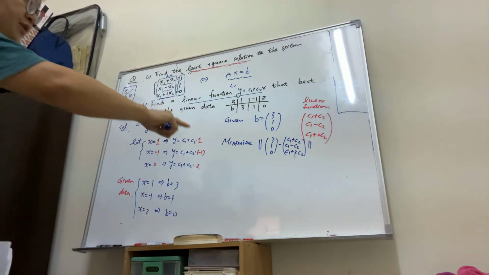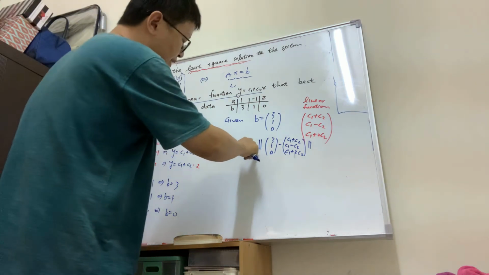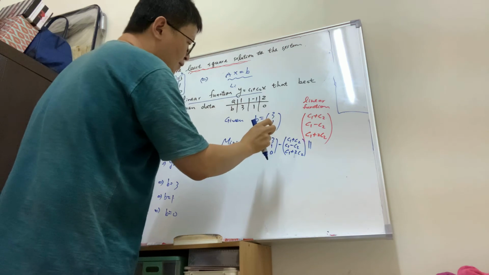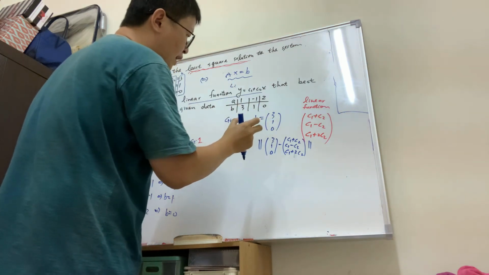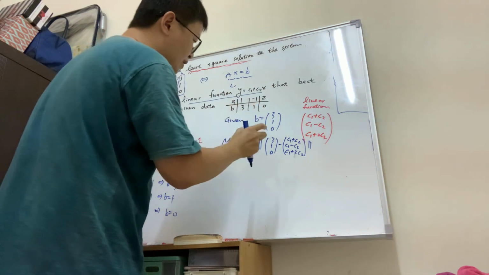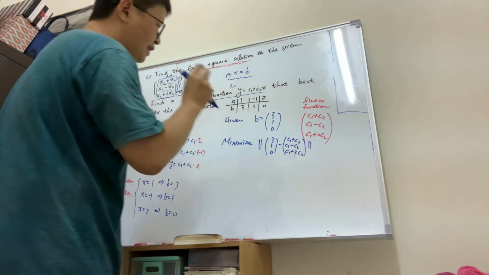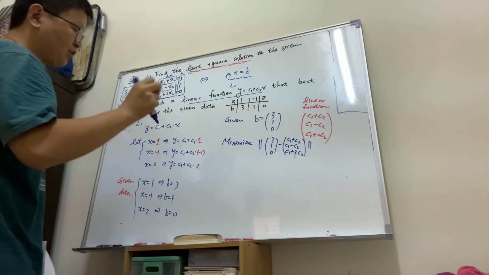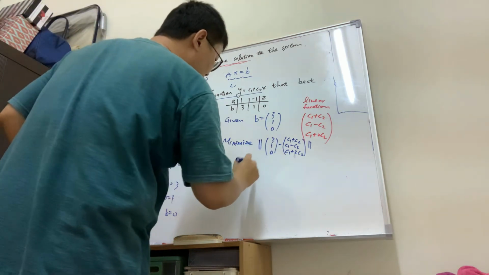Here we choose the distance. What does it mean? It's the square root of the sum of the squares of each component.